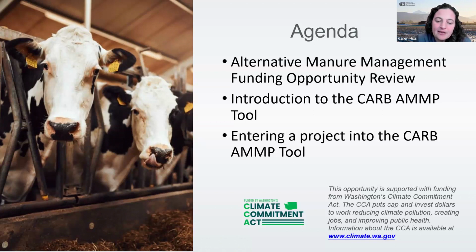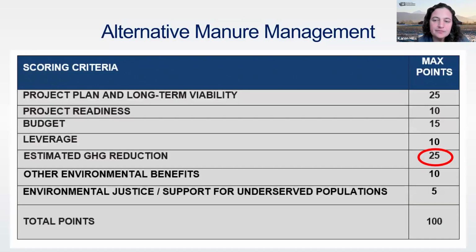And I couldn't fit them on the first slide, so here I just put our Climate Commitment Act logo and verbiage, which is just a reminder that this funding is coming from the Climate Commitment Act towards this program.